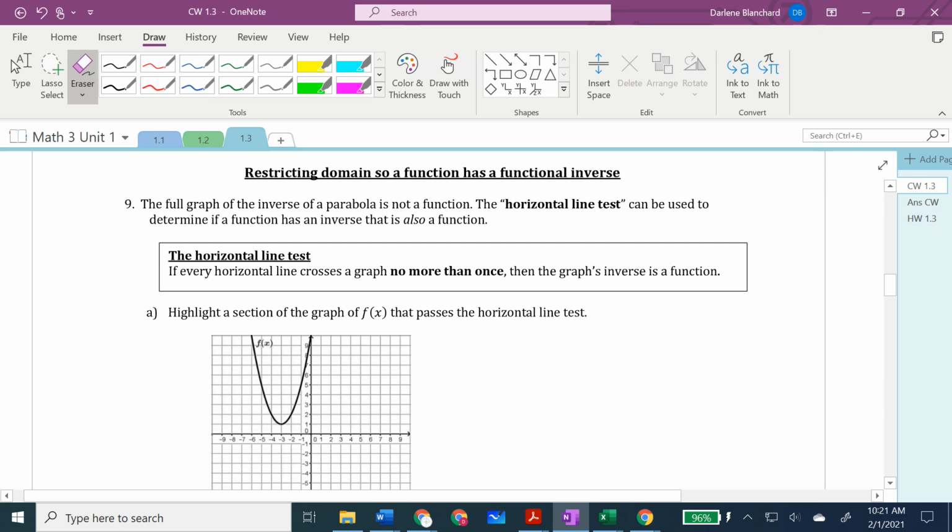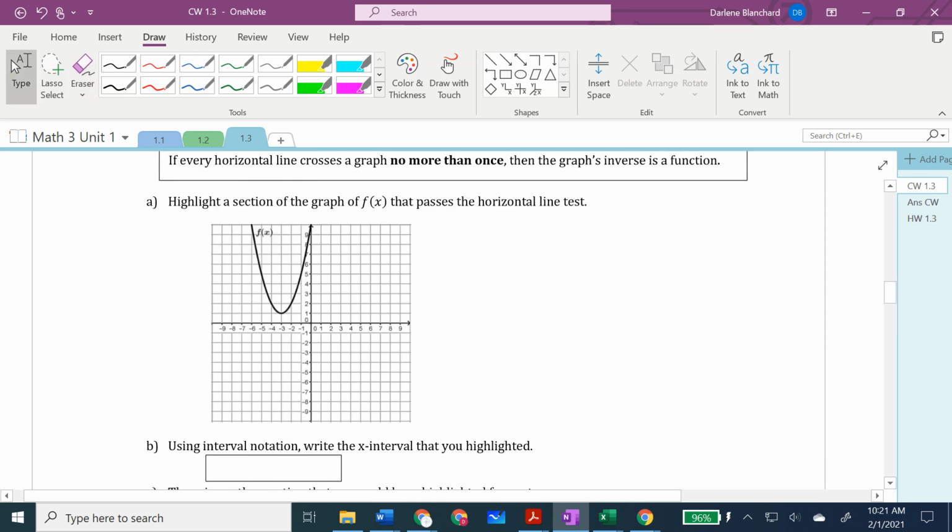Remembering back to what we learned about inverse graphs, we create an inverse graph by drawing the reflection line y equals x. And then we can slowly take individual points and take each of the xy coordinates and swap them.